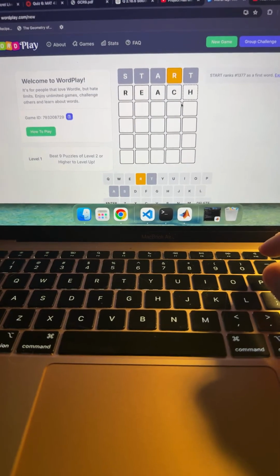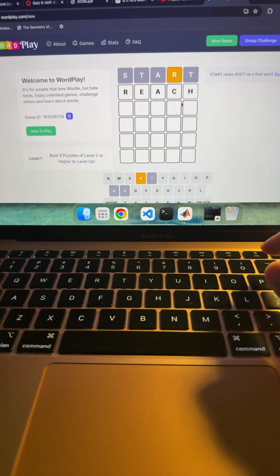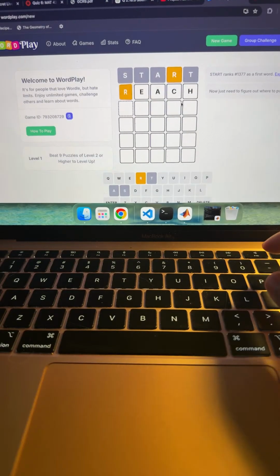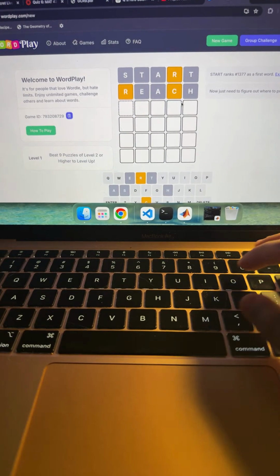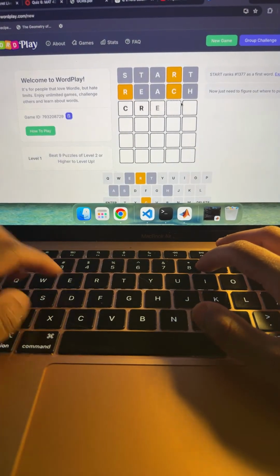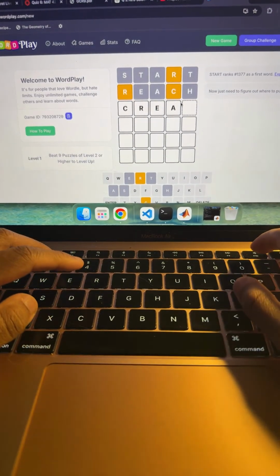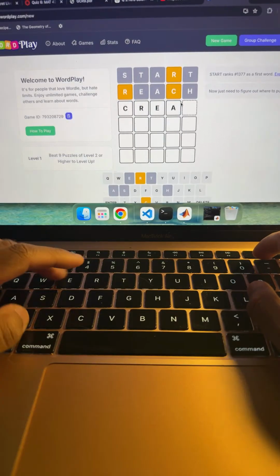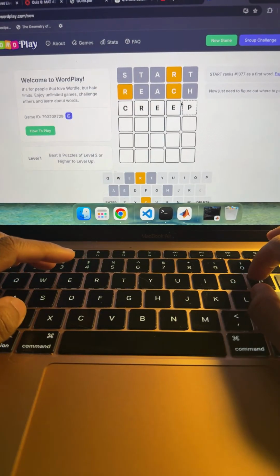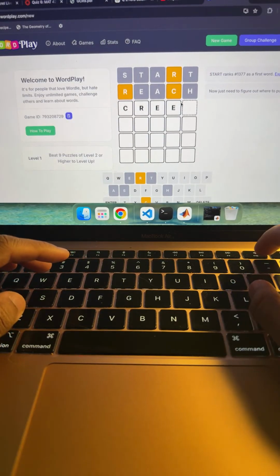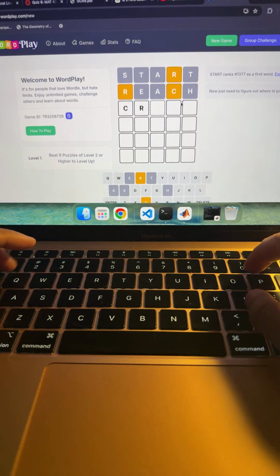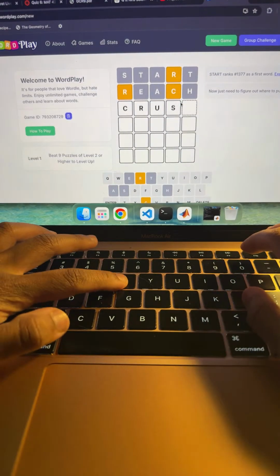Should I draw like a little island on the sea with a little palm tree? Yeah, go for it. Alright, C and R. Crib? There's no E though, that's like a waste of 2 spaces. Crust.